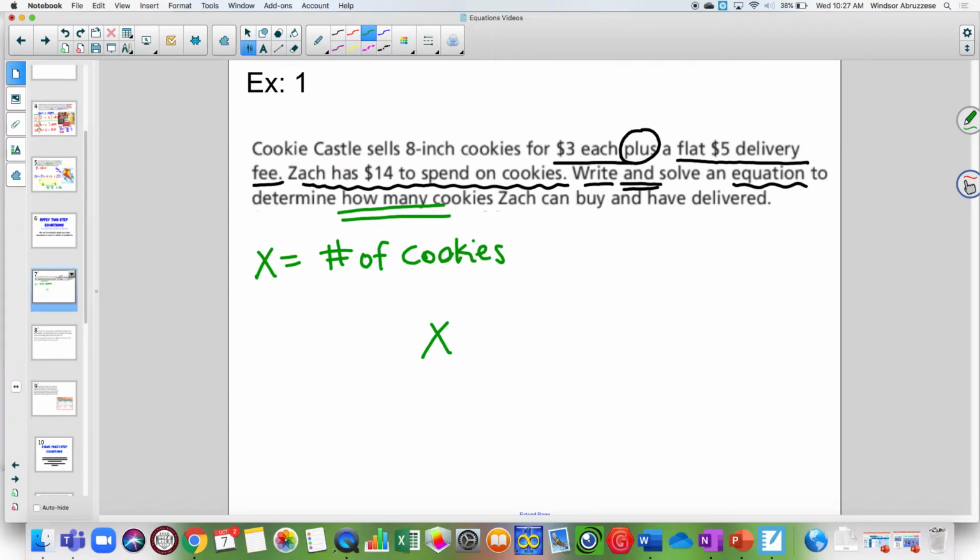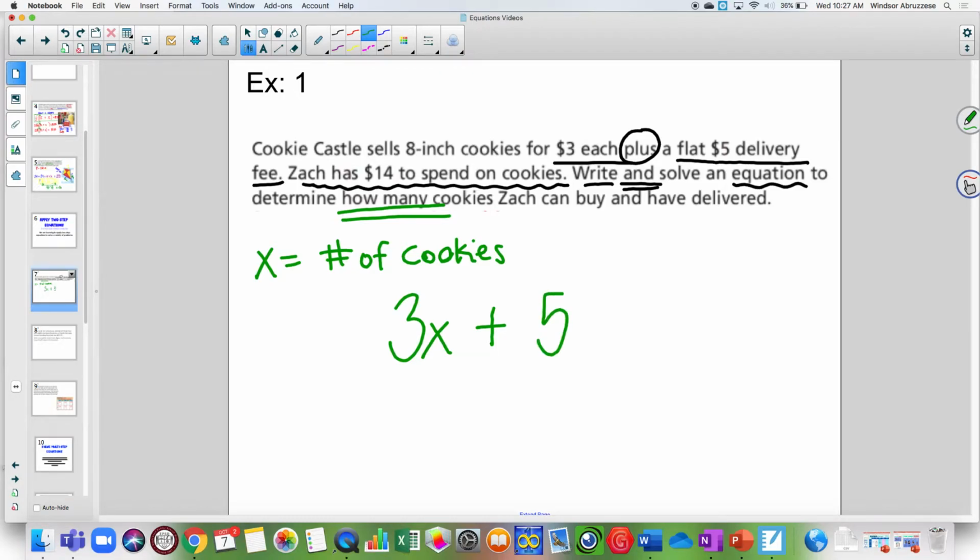How would I write that algebraically? 1 cookie, $3. 2 cookies, $6. 3 cookies, $9. $3 each is times 3. 10 cookies times 3, 30. 100 cookies times 3.